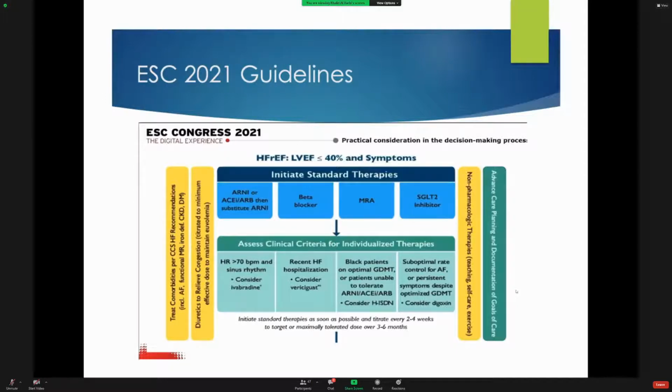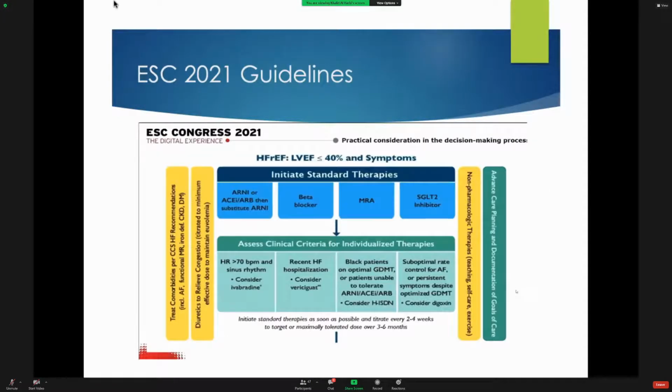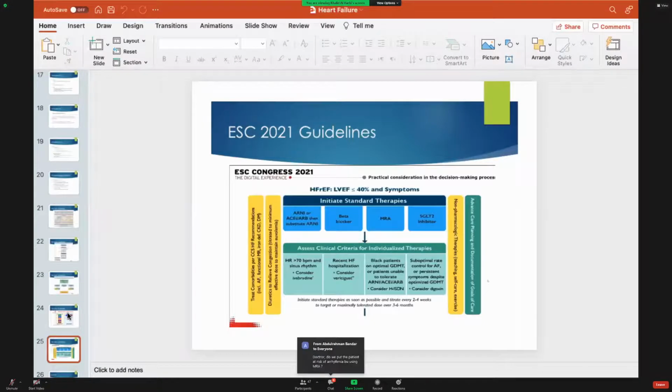You will tailor your therapy based on individualization, and then you will titrate or recheck in 1 month. If the patient is stable on that, you will see him every 3 months. Okay, I think we finish here the heart failure, and then we'll move to the cardiomyopathy.